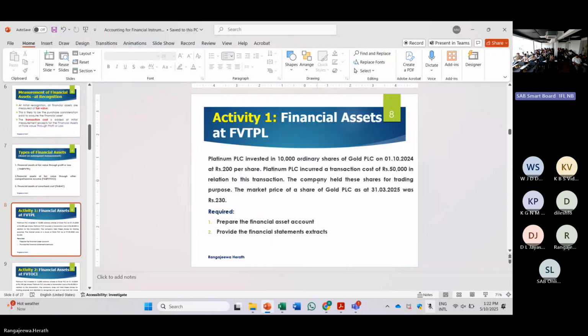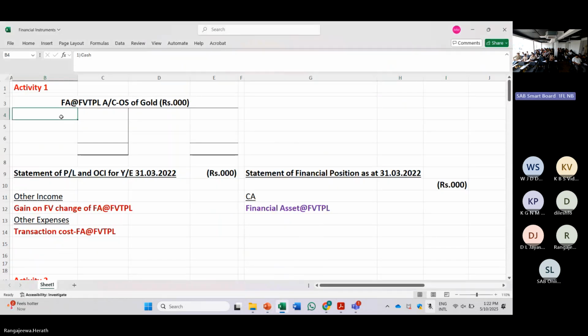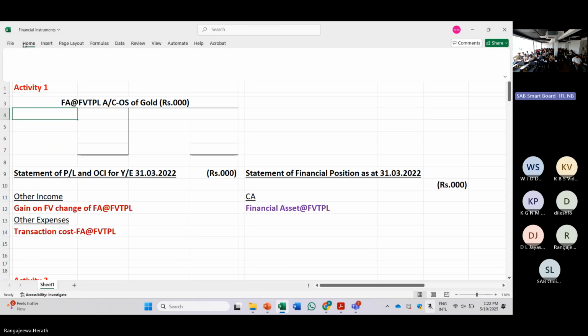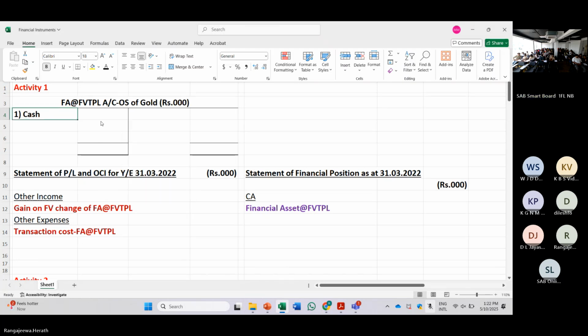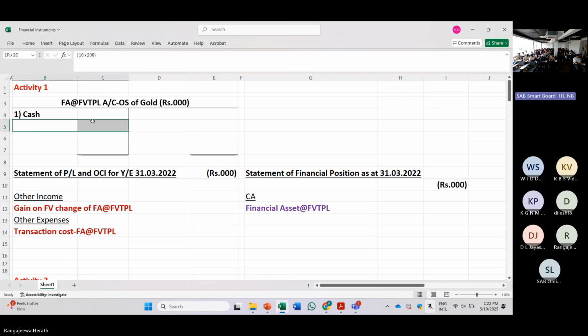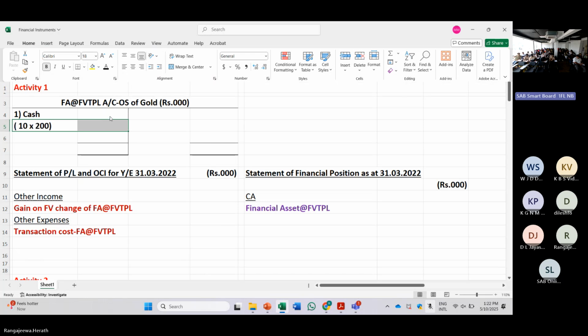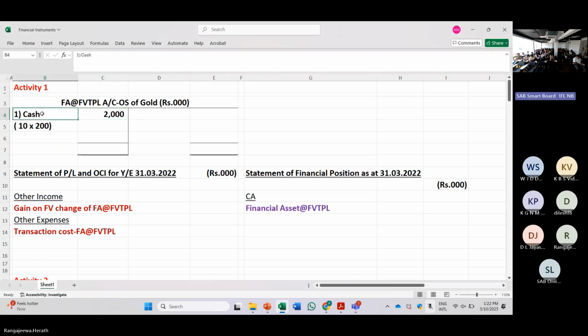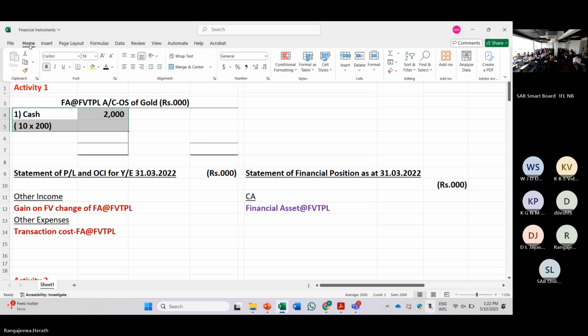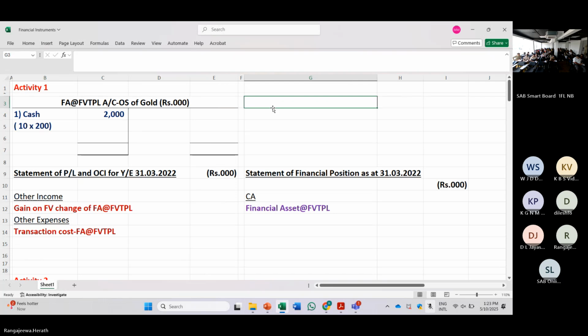Which is 10,000 shares at 200 each. So first you can credit cash and debit the financial asset at fair value through P&L. 10,000 shares into rupees 200 is 2,000,000. Right?